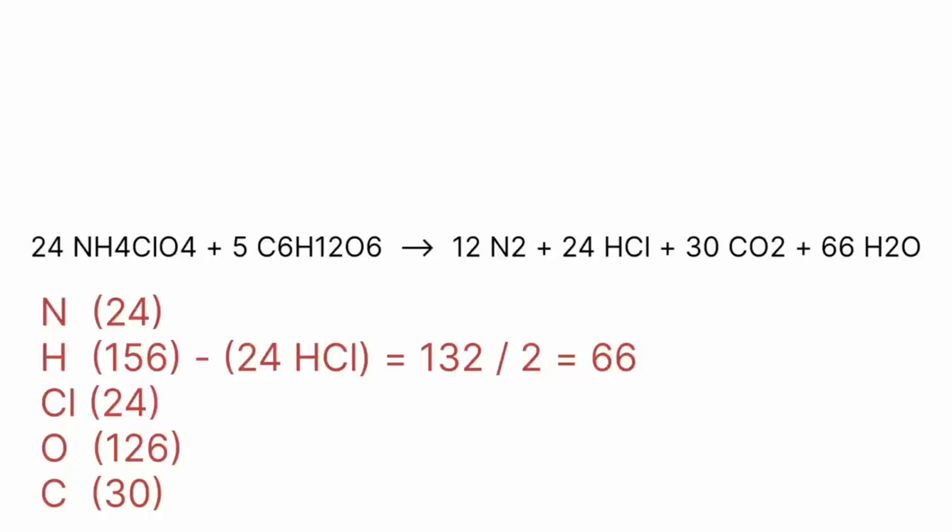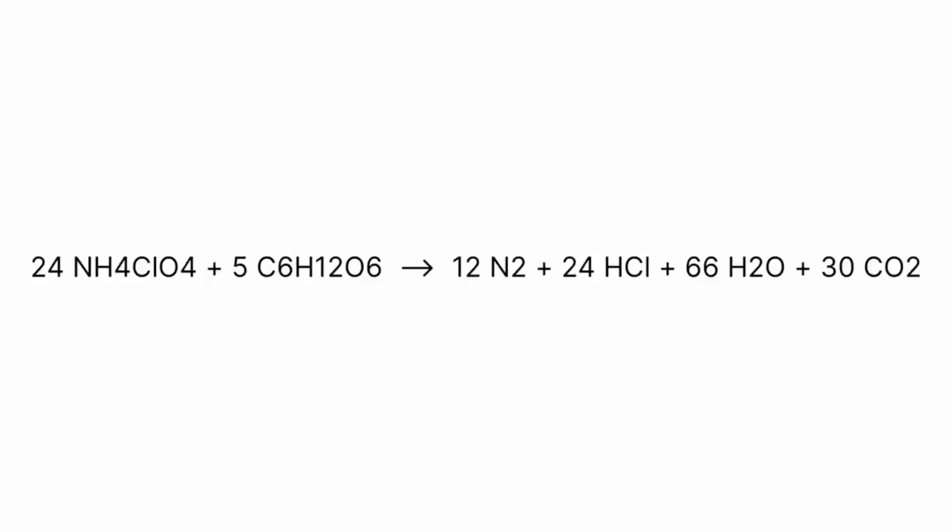So we take 126 oxygen minus 30 times 2, because it's CO2, so that's 2 oxygens. So you double it, that's 60 oxygen. So the total of 126 oxygens available minus 60 gives us 66. And we already figured out that H2O from when we figured out hydrogen is 66. So this all lines up.